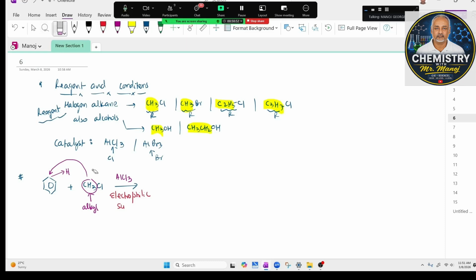I think I already mentioned that. Now could you guess what I will get? The CH3 goes on the ring, so I get methyl benzene. For those preparing for entrance examinations, you'll probably see the word toluene, but you don't have to use it for your board exams. Toluene is a common name for methyl benzene.